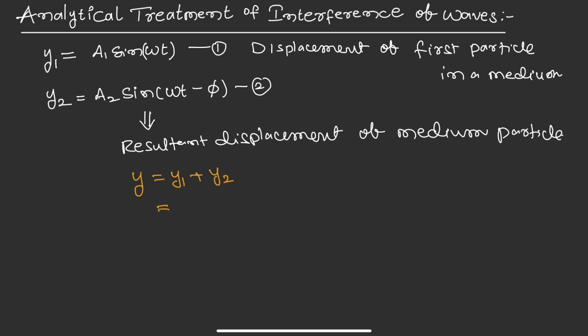So this is a1 sin omega t plus a2 sin(omega t minus phi). This is the resultant displacement.